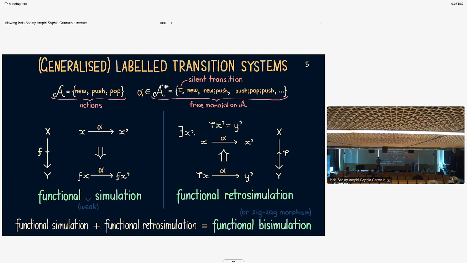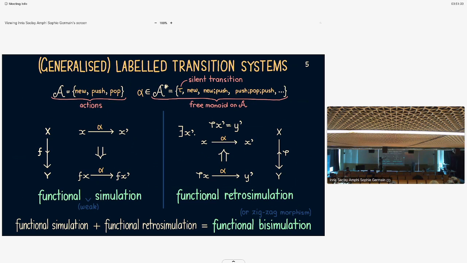And so a generalized labeled transition system consists of a set of states, and for each sequence of actions, or string of actions, you have a relation on the set of states that says: if I start in a state and I do this sequence of actions, which state do I end up in?